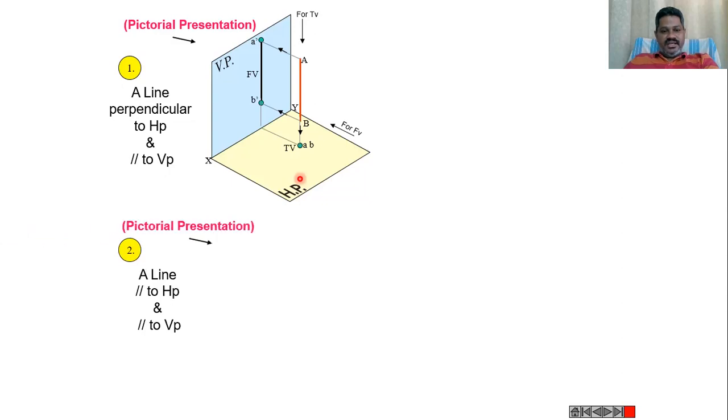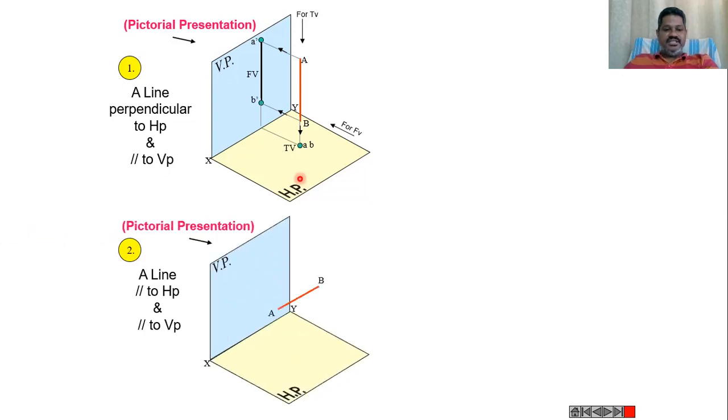So this is exactly the pictorial representation. We will draw the actual notation after looking into the pictorial representation of the line when the line is parallel to HP and VP. In this case, when we see this line from the front, it looks like a horizontal line on the vertical plane, and this will be indicated as A dash, B dash.